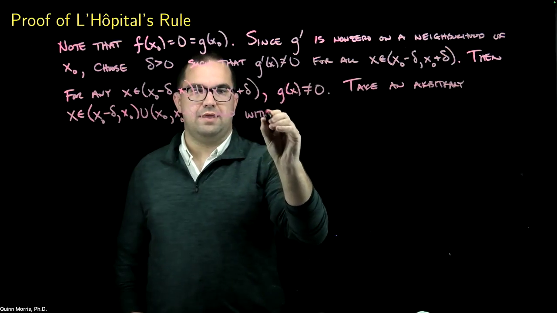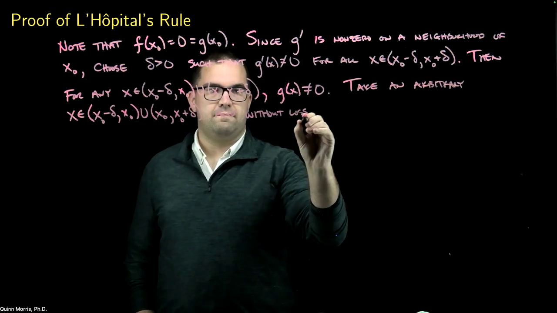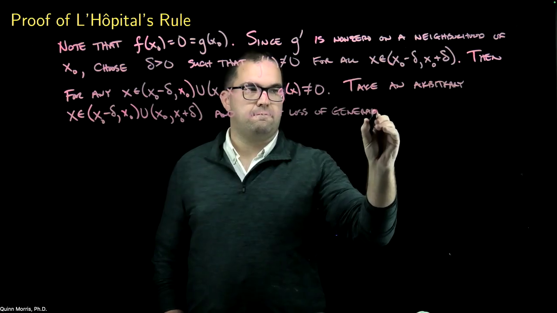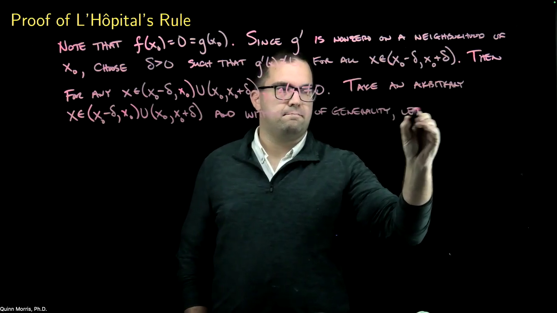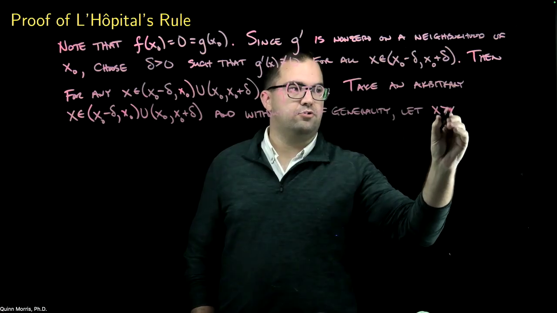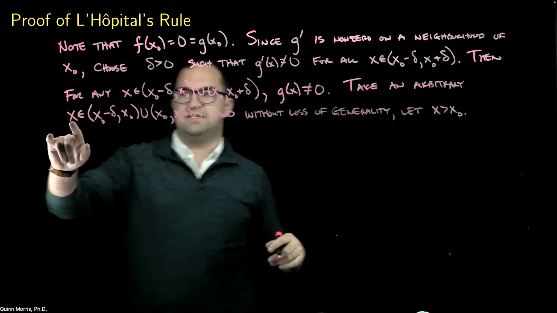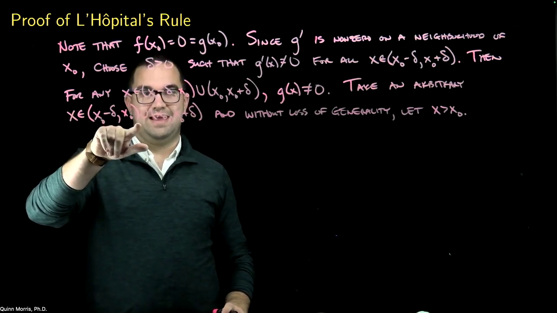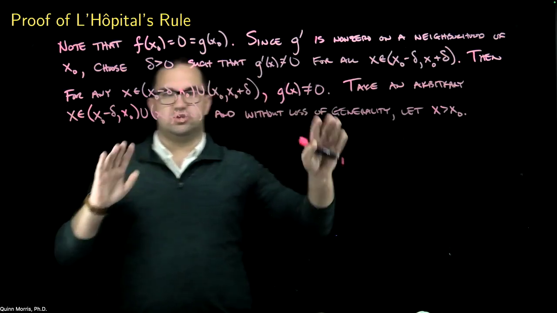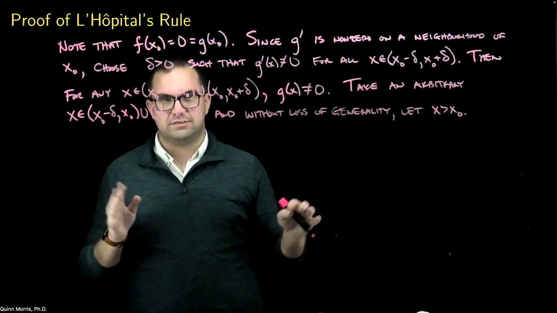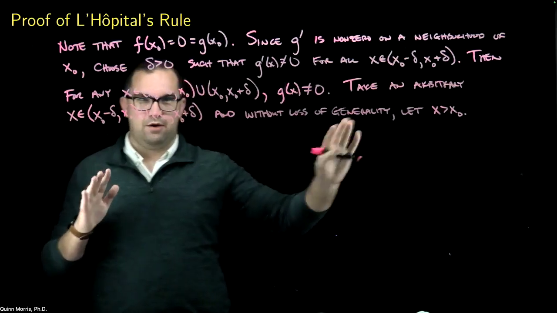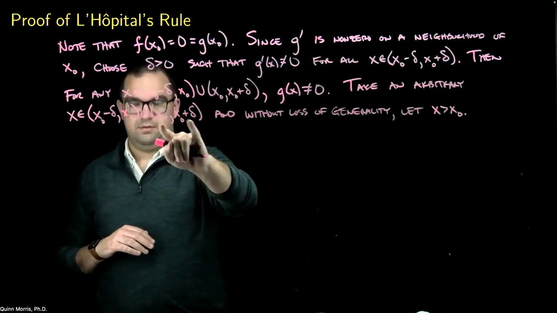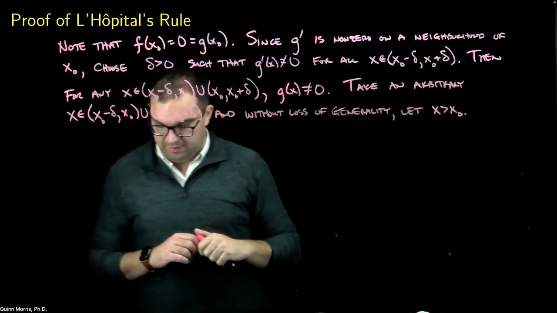And without loss of generality, let your x value be greater than x naught. So in general, we want to take some x near x naught, but not at x naught. And without loss of generality, let's just assume x is bigger than x naught. If x is smaller than x naught, then you'll see how we could deal with that. But let's just assume we're in this upper interval, this upper half of the delta neighborhood.